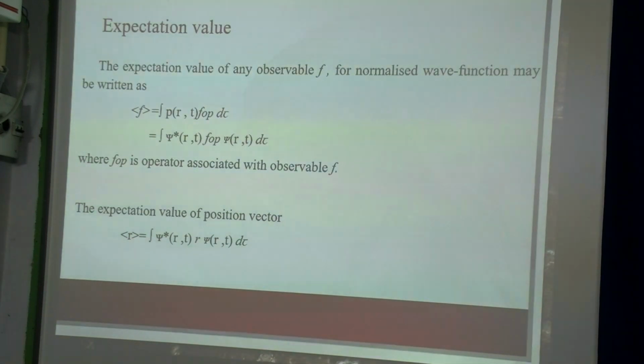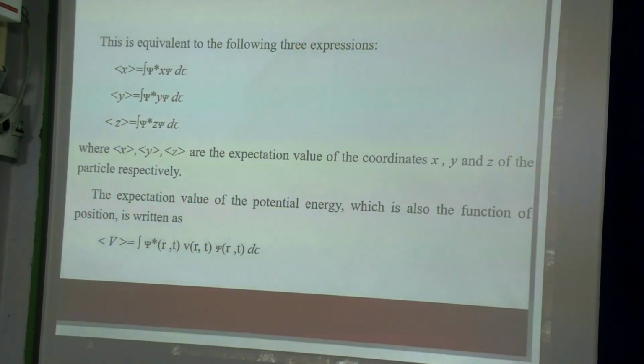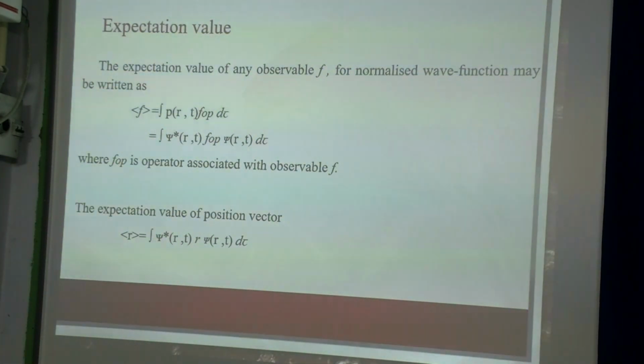Therefore, this equation becomes integral psi star r comma t f operator psi of r comma t d tau. Now, the expectation value of the position operator is given by psi star r comma t r psi of r comma t. This is the three-dimensional case.